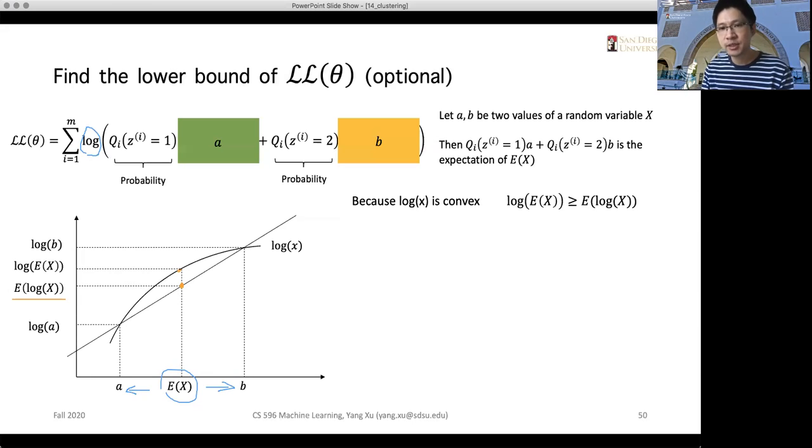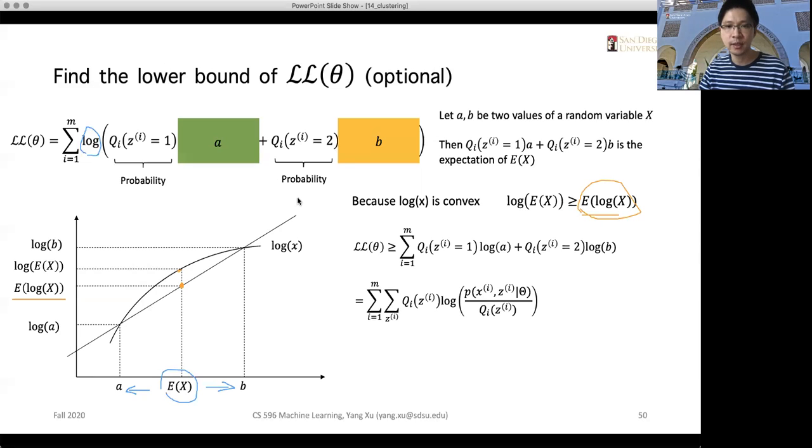So since the logarithm of the expectation is greater than the expectation of the logarithm, by switching the order of the two functions we have found a lower bound, right? Our goal is to find the lower bound for the log likelihood function. So this can be the lower bound that we find. Okay, so now let's rewrite these formulas.